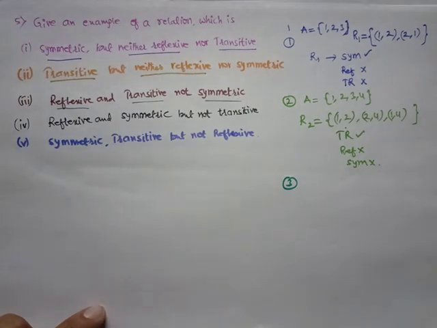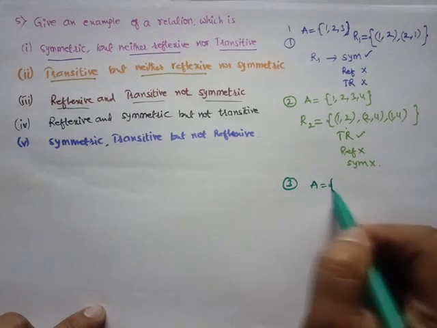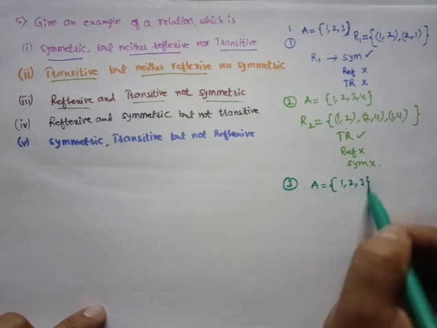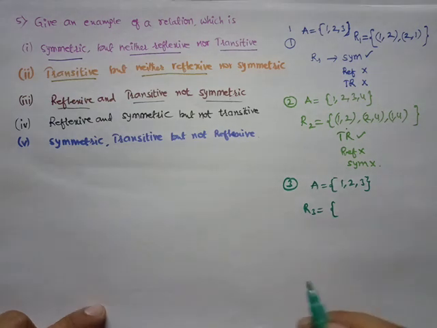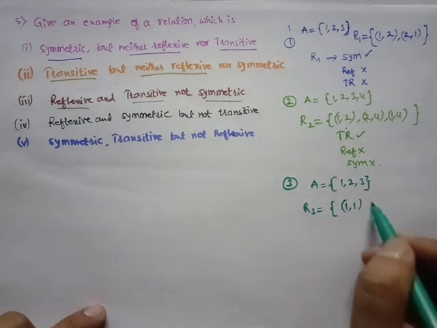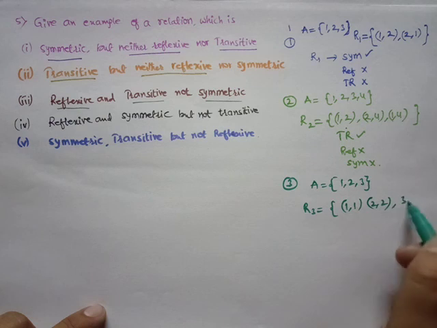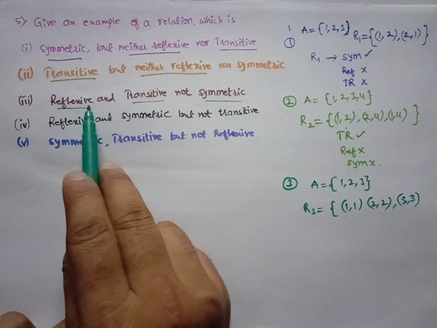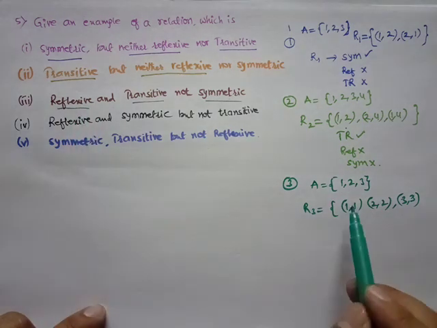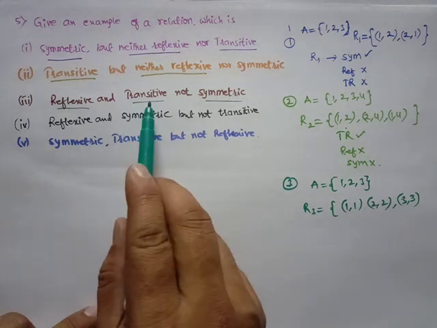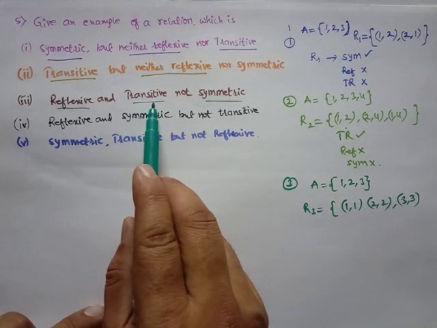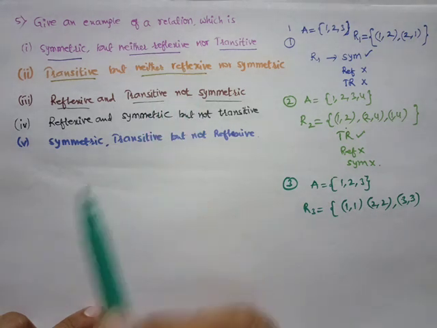For this, consider the set A = {1, 2, 3} and make the relation R3, considering (1, 1), (2, 2), (3, 3), because it should be reflexive. And it should be transitive also, but not symmetric.